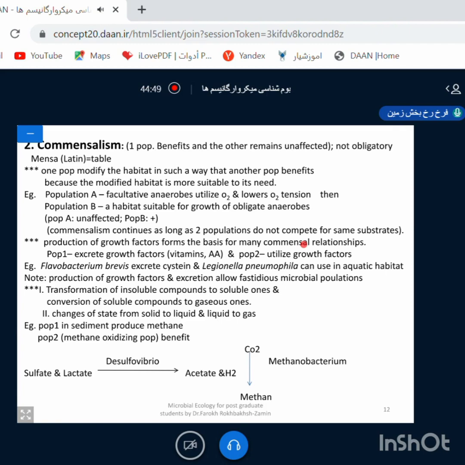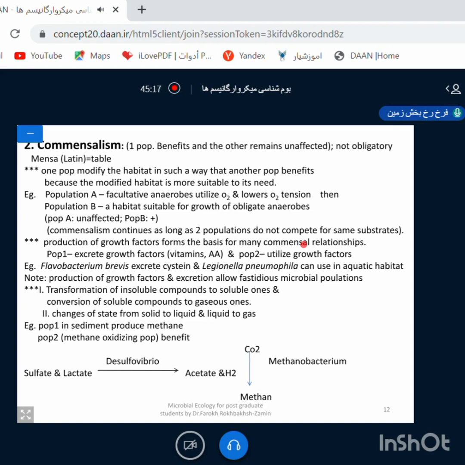These media are enriched. Why? Because some bacteria can produce organic substances, many necessary things from simple material, many structural parts, all amino acids from simple things.